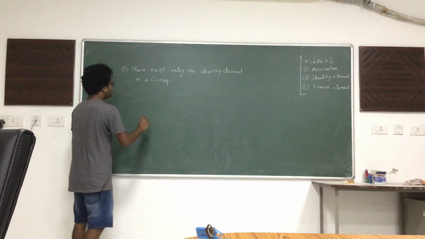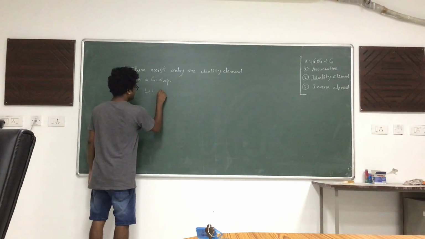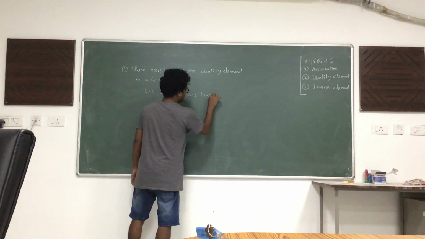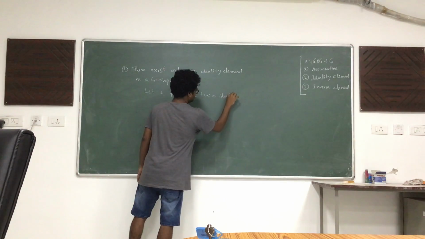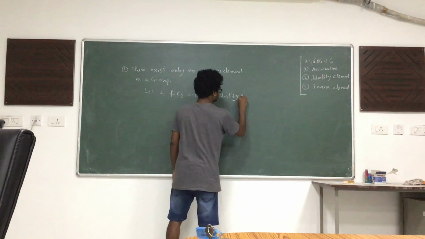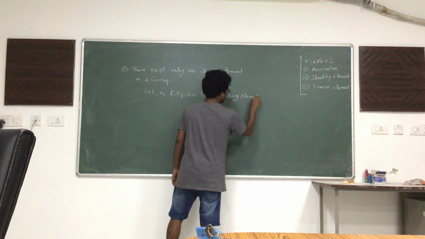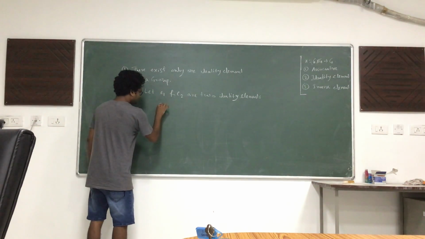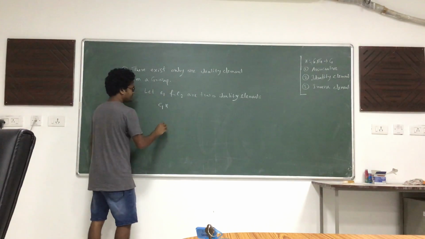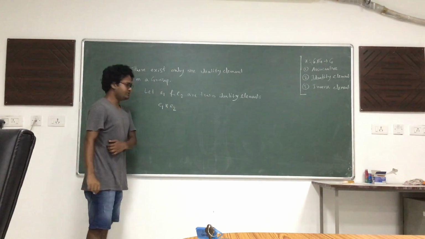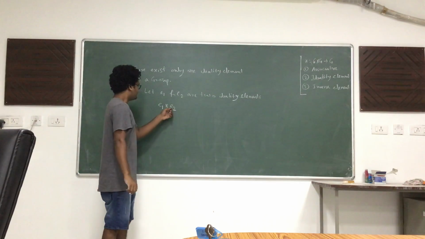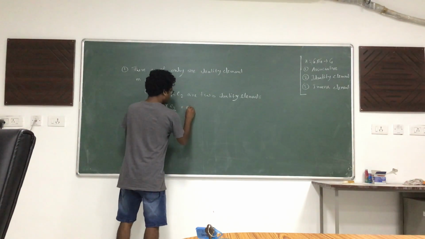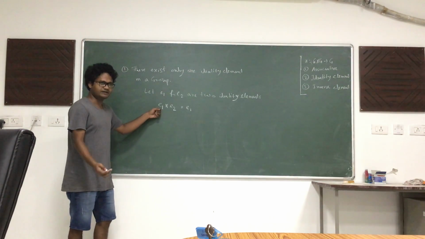The proof is very simple. Let us say E1 and E2 are two identity elements. Then E1 star E2, since E2 is an identity element, should be equal to E1 by the property of the identity element.